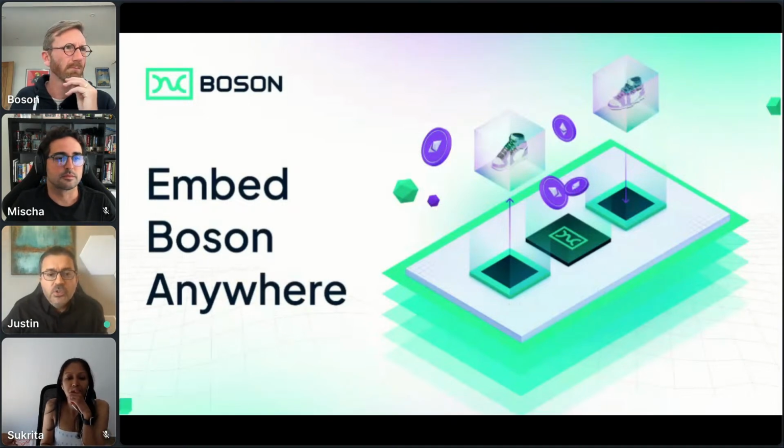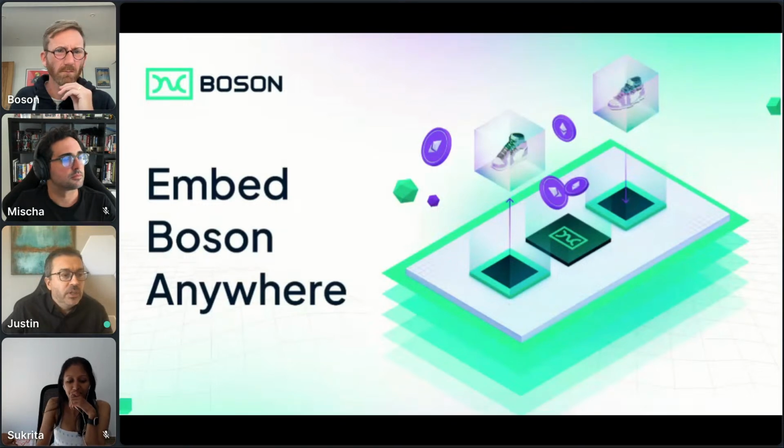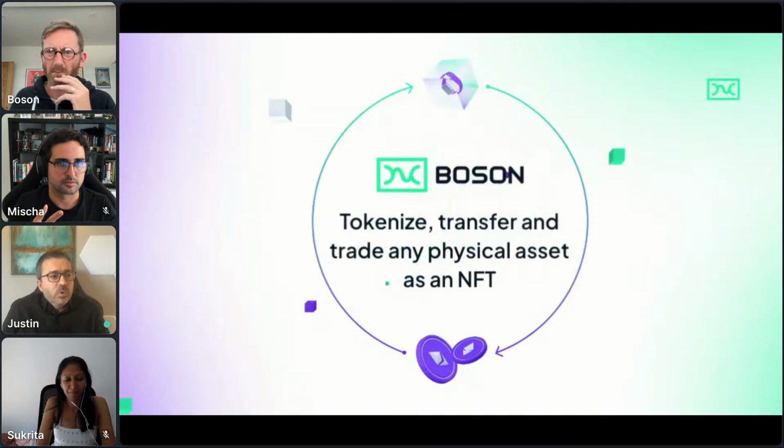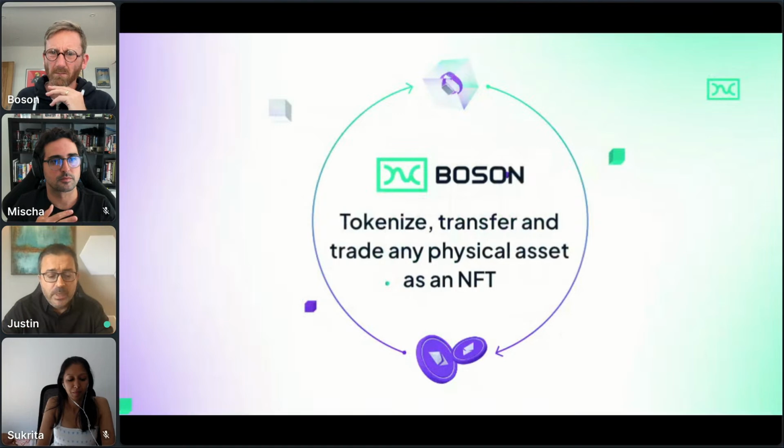For those of you who are new to Boson, let me describe what Boson does. Boson solves what in e-commerce we call the fair exchange problem. If Alice wants to buy a product from Bob over the internet, there's a problem: if she sends the money first, how does she know Bob will send the item?